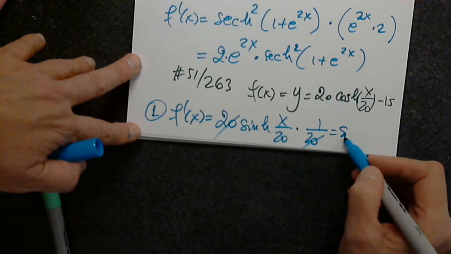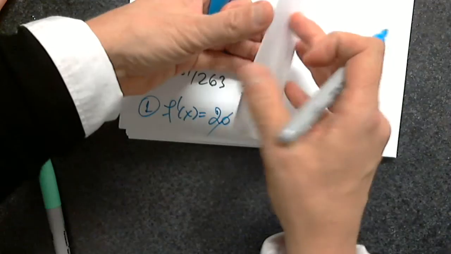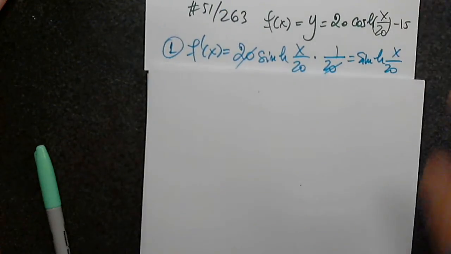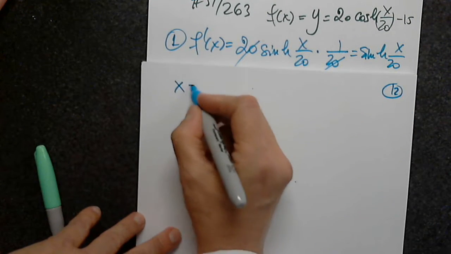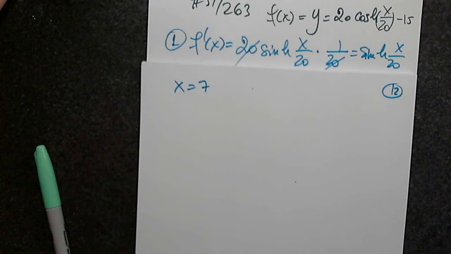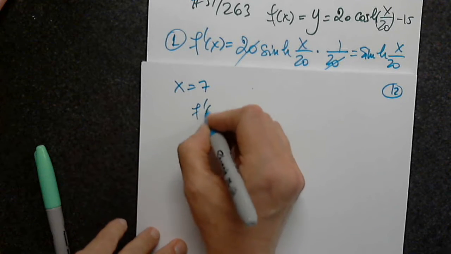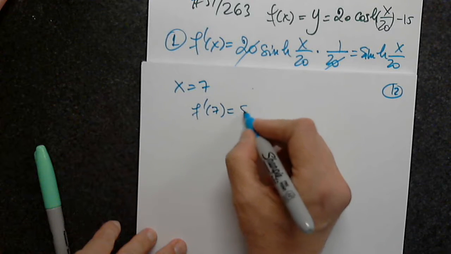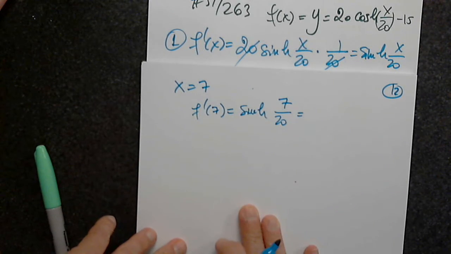So the answer is hyperbolic sine of x over 20 for the derivative function. But they are asking us to determine the slope when x is 7. So we have f prime of 7, which is hyperbolic sine of 7 over 20.